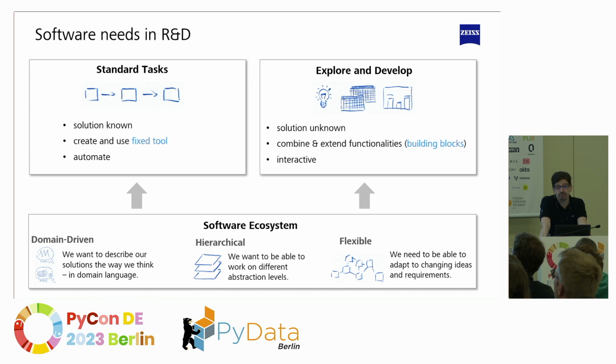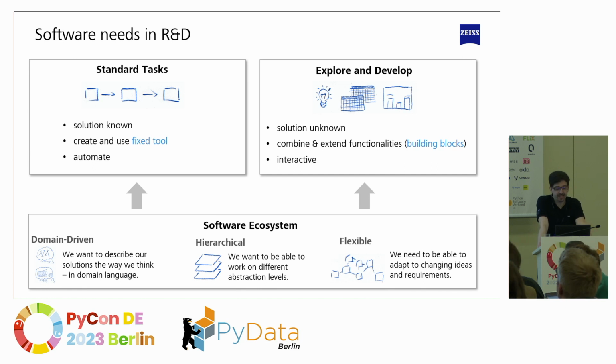And there are three properties in our case which are essential to such an ecosystem. The first thing is, because this ecosystem is for our research engineers, it has to be domain language. We want to express our ideas of our problems in the domain language.